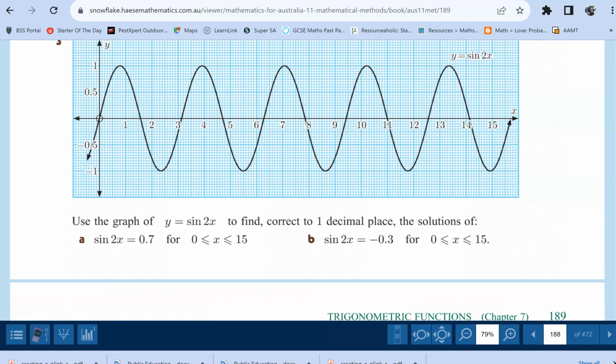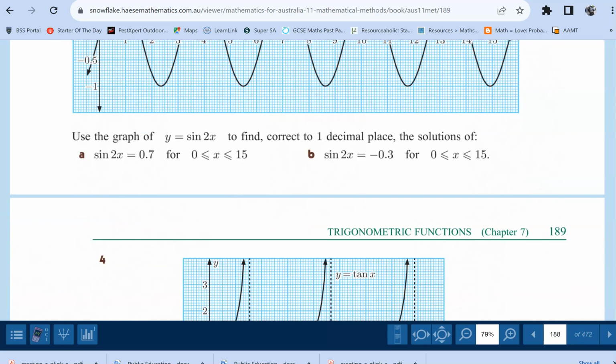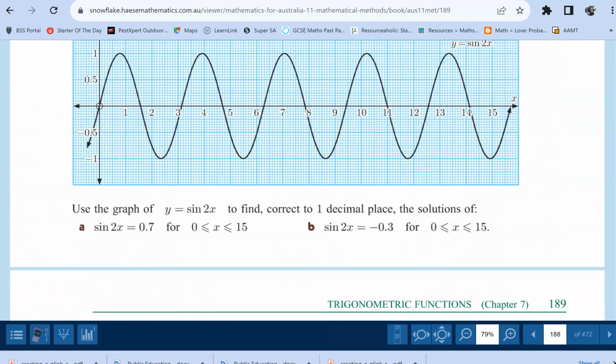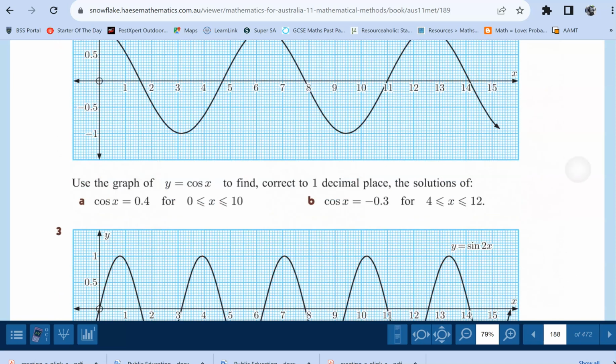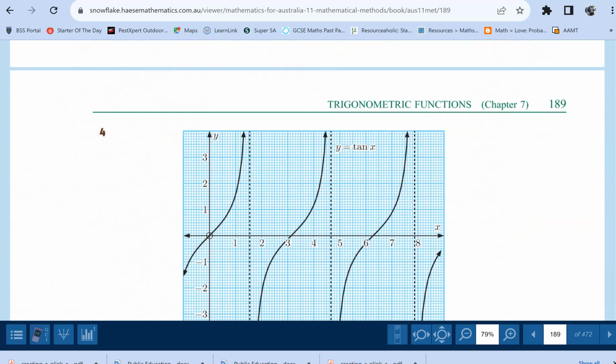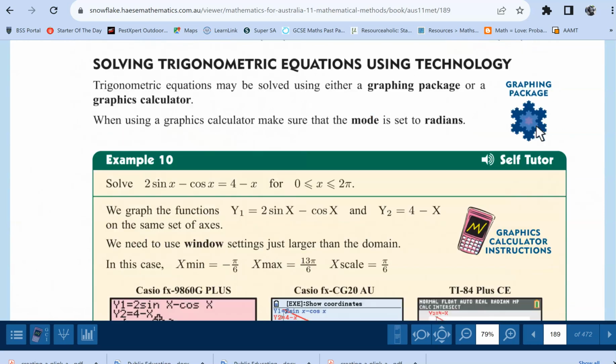That won't take very long. Consolidating. So, does it matter which one you use? For this one, they're saying use the graph. So, go into the graphing mode, and you can check it with G-solve. All right?